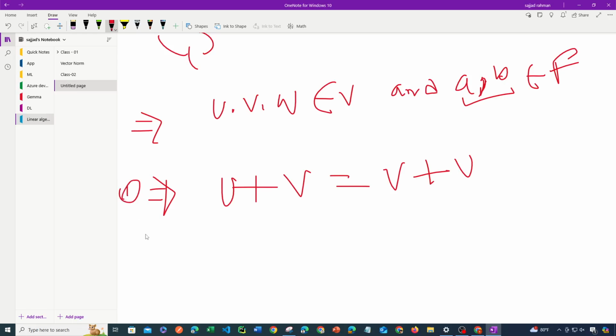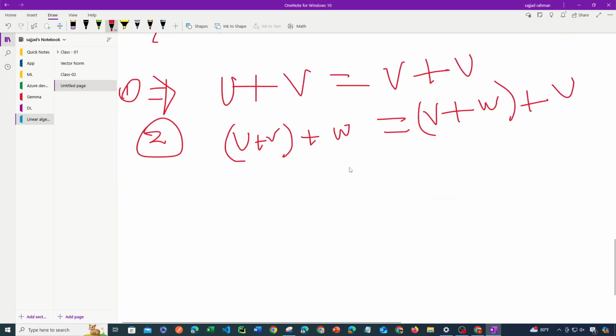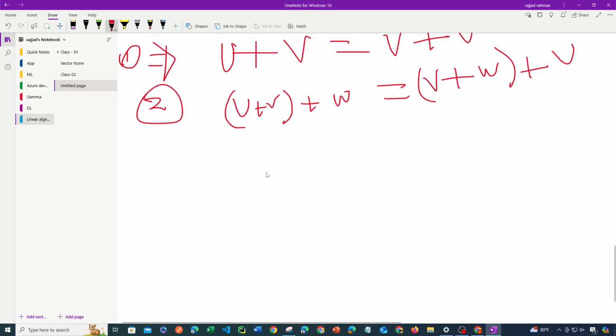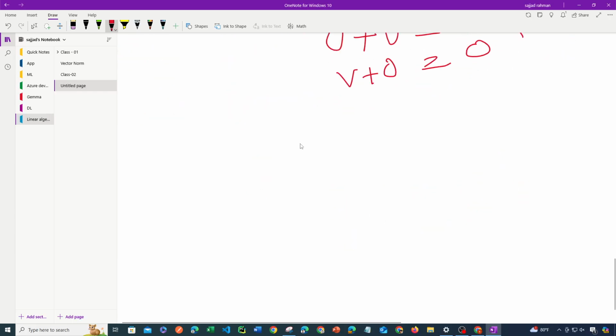The second one is, if you have three vectors, then the result will be the same however you group them. And an interesting thing is that there is also a zero vector. If we add u plus 0, the result will be u. This is called the zero vector.